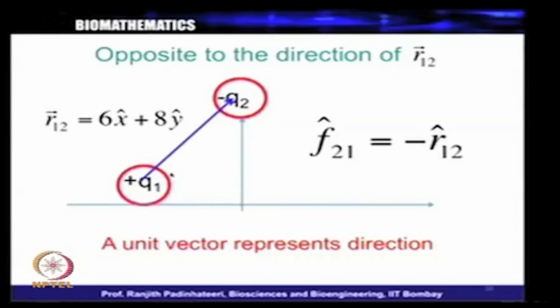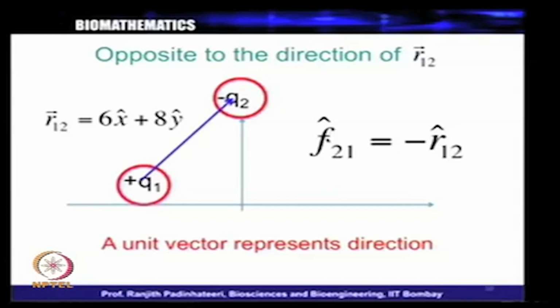We just saw that r12 is from here to here and f21 will be from here to here. It will be opposite; the minus sign shows the opposite direction. The point to remember is that a hat or cap means it is representing the direction.